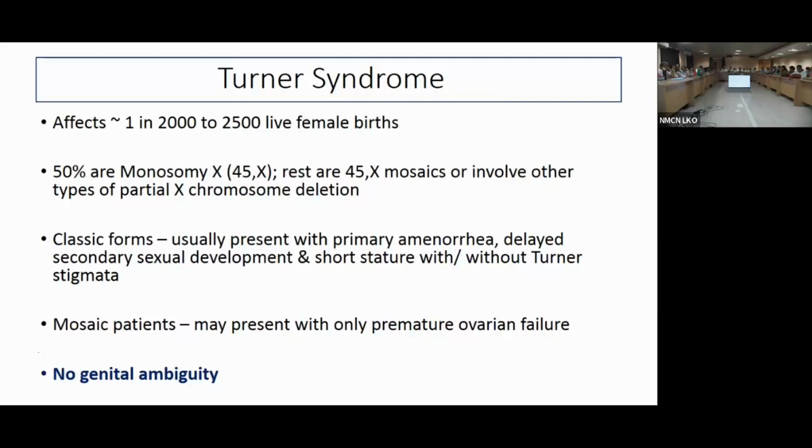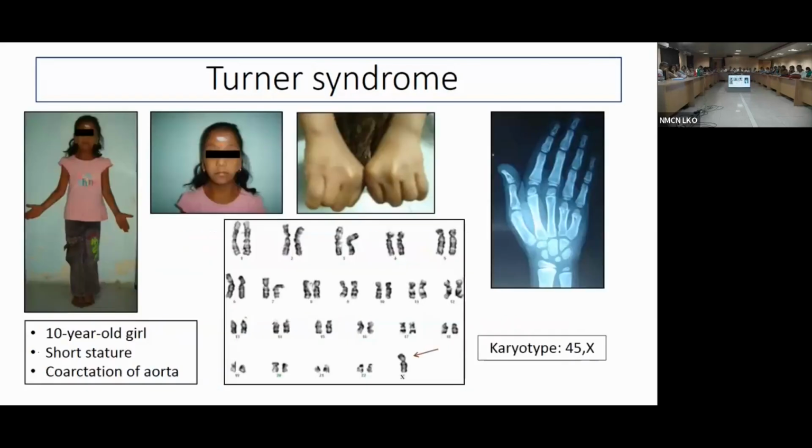This is particularly so in mosaic individuals who have a larger proportion of normal 46,XX cells. Again, to re-emphasize, they do not have any genital ambiguity, but this is a DSD because, as I said in the beginning, DSD is an umbrella term which also encompasses the primary hypogonadism conditions.